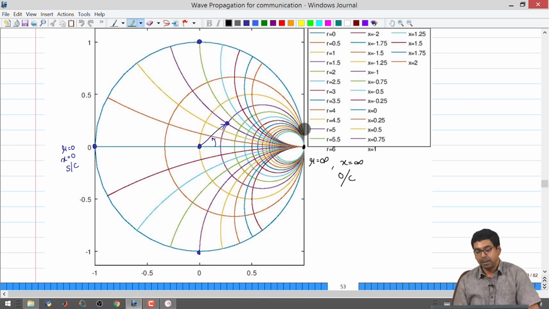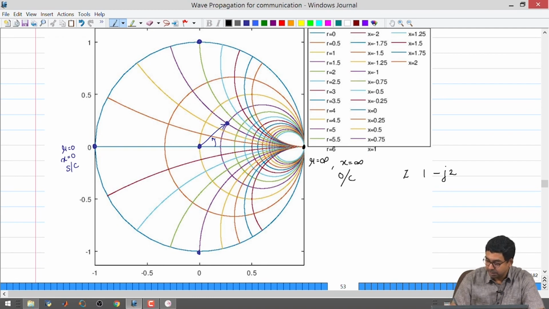So, given an arbitrary load impedance of the form say 1 minus j2, suppose this is your ZL normalized with respect to your characteristic impedance, then the procedure for finding this particular load on the Smith chart is to take the real part, find the circle which corresponds to R equal to 1.